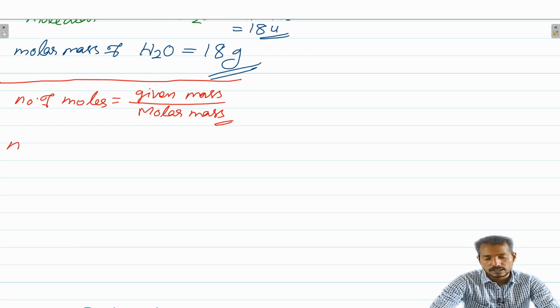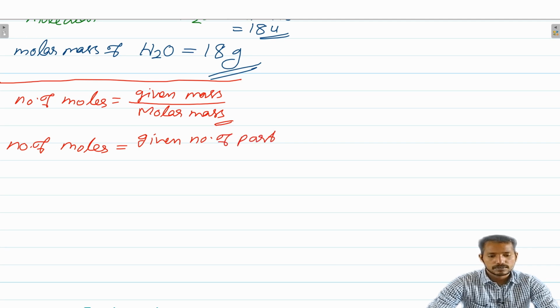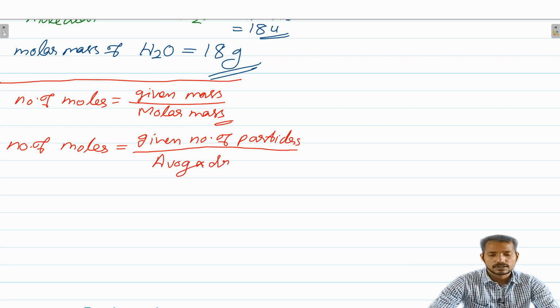Second, one more relation. This is in case of mass. One more relation we can write, that is number of moles is equal to given number of particles divided by Avogadro number. Why?